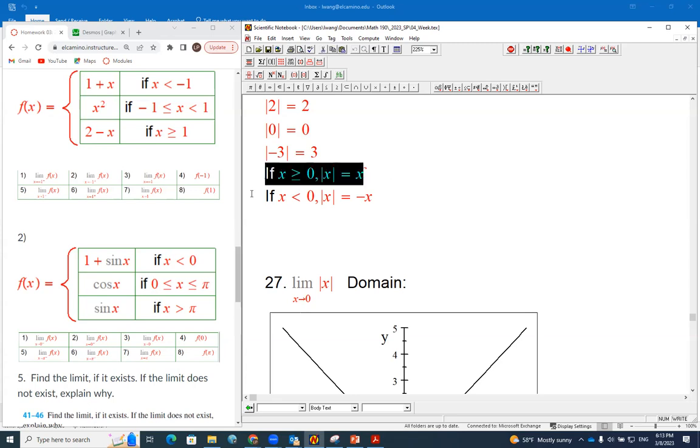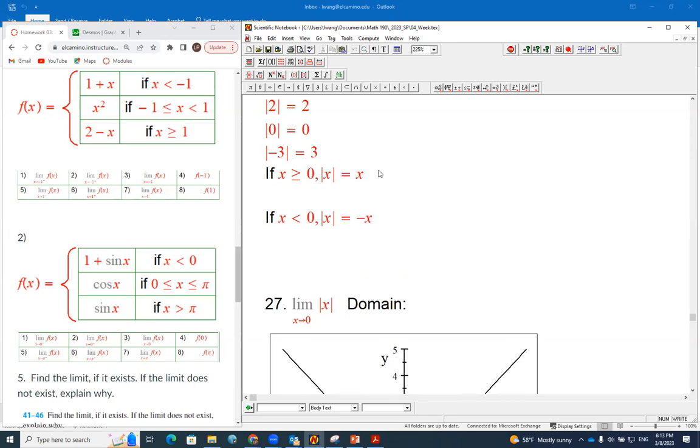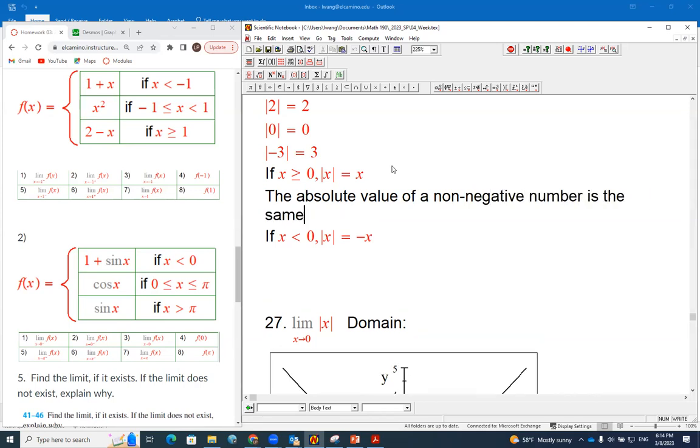These two sentences, I often write down, I want to put it into words. I want to put the words in your mind so you understand the meaning. Okay, so here's the narrative. I want you to reflect on these examples if you still have a hard time understanding this. The absolute value of a non-negative number is the same as the number.